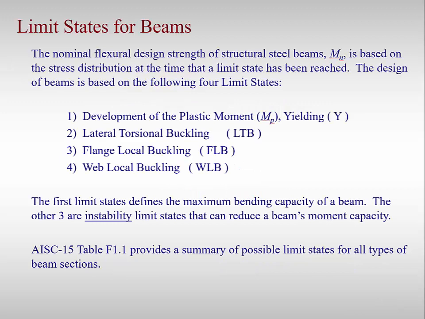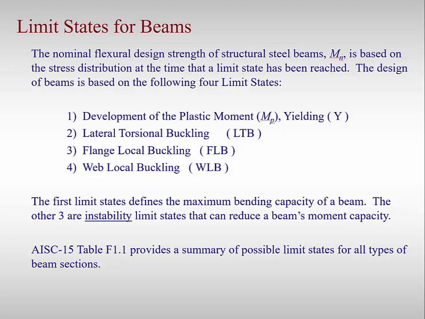As thoroughly discussed in Lesson 18, the nominal flexural capacity of a structural steel beam, M sub n, is based on the stress distribution that exists at the time a limit state has been reached. Four limit states are possible.